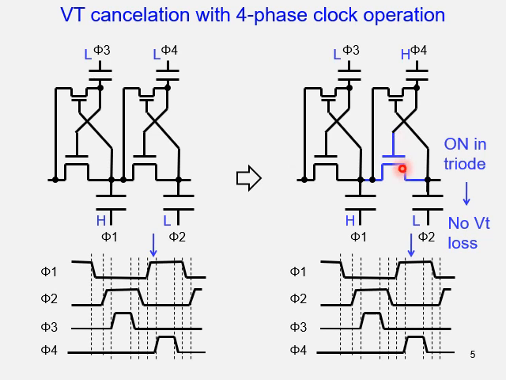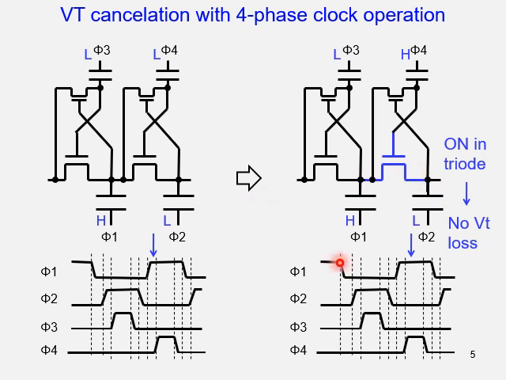Then this gate is boosted up so that the transistor operates in the triode region. Therefore, this transistor can transfer fully, and so there is no VT loss between the two nodes.